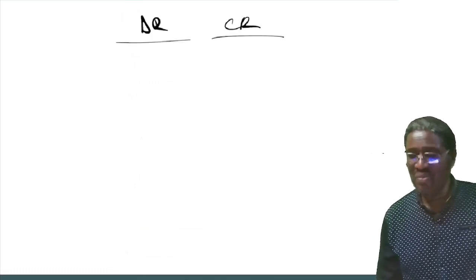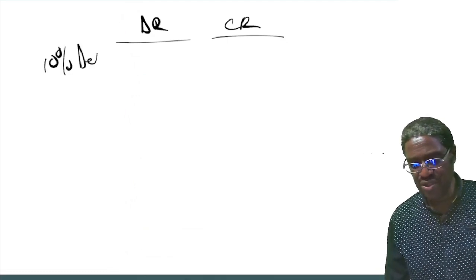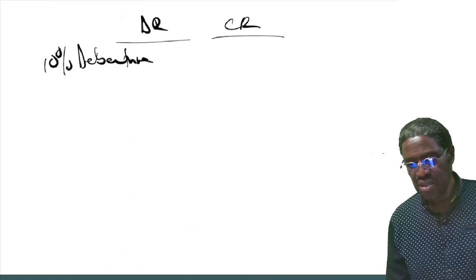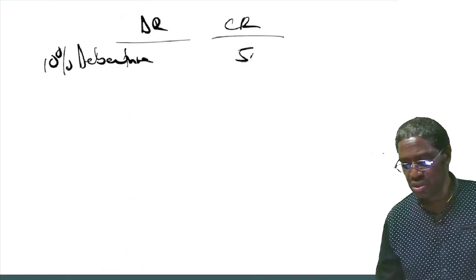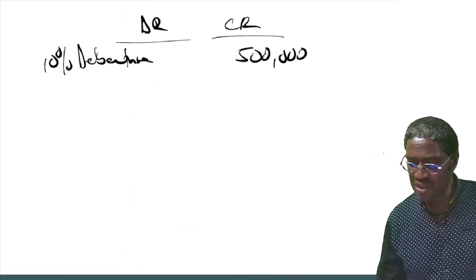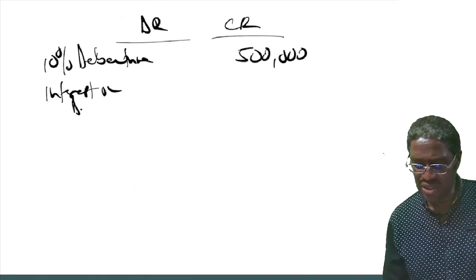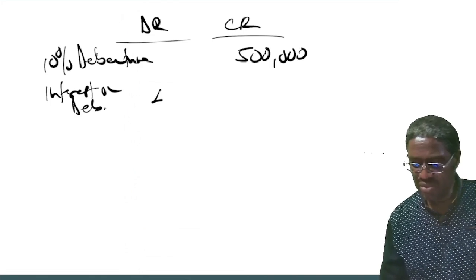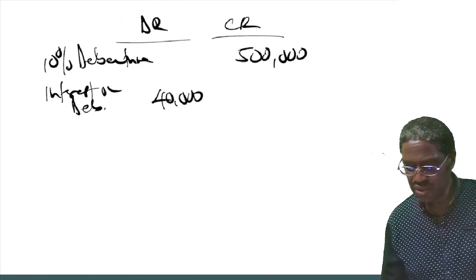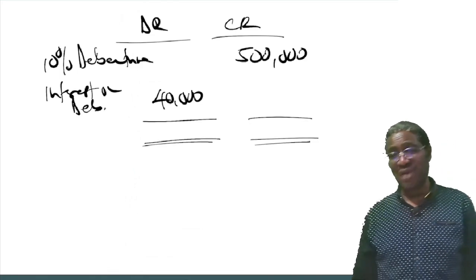And in that trial balance, you could have been given something like 10% debentures, assuming 500. Then in that same trial balance, the examiner gave you interest on debentures, maybe 40,000. I'm only showing a section of the trial balance.